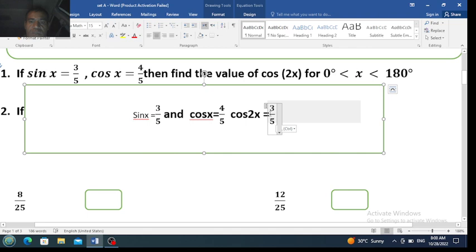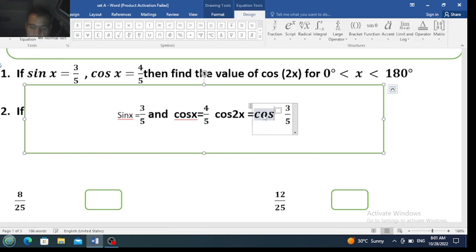Sine is given and cosine is given, so you just square the value of sine and the value of cosine to get cosine of 2x.